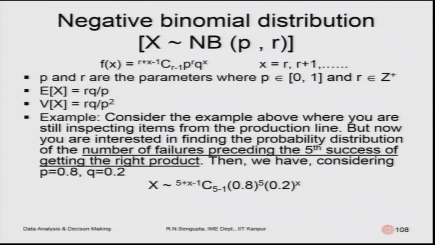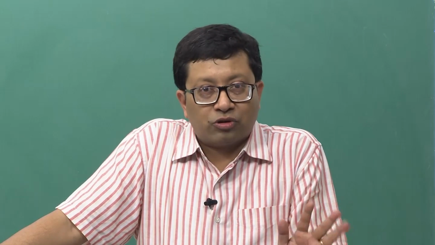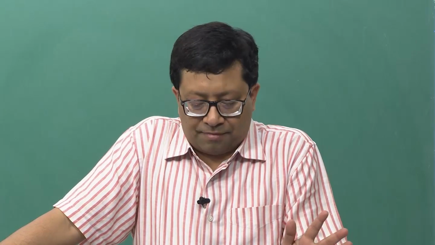The expected value is given by r q by p. I would like you to note down this formula, r q by p, and I will come to why later. The variance is given by r q by p squared.